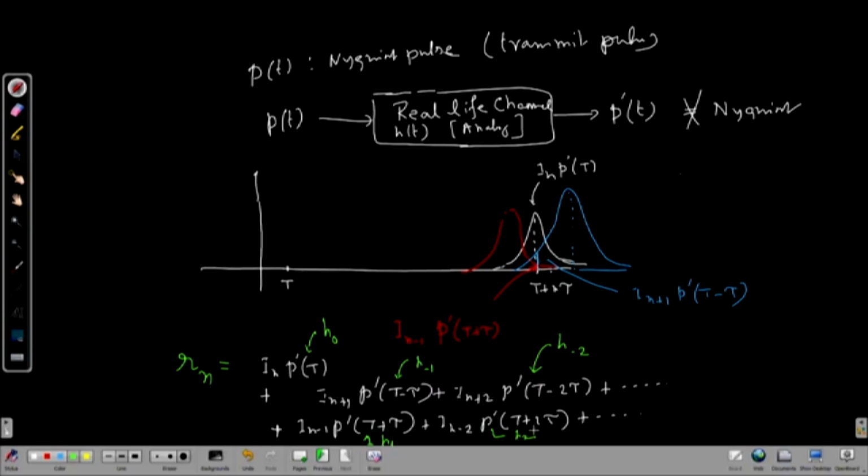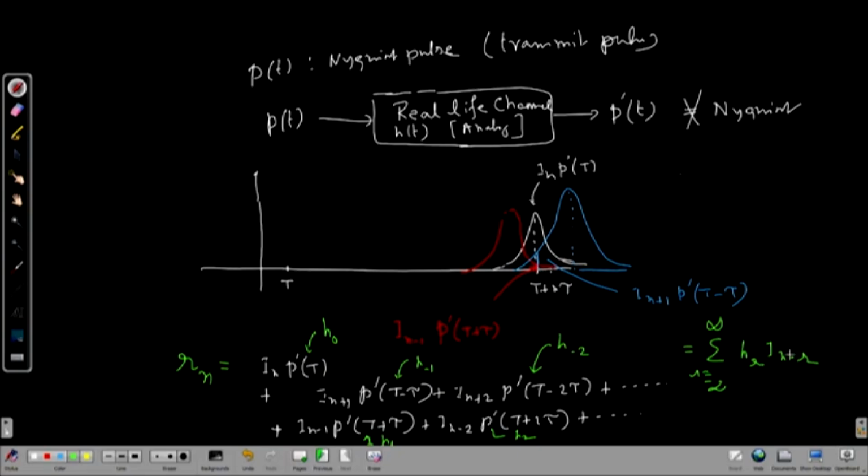In this case, the whole summation turns out to be this. So Rn will be the sum of H r I n minus r, for r from minus infinity to plus infinity. Very easily, if you start with r equal to 0, you get H0 In. If you take r equal to 1, you get H1 In minus 1. If r equal to 2, H2 In minus 2, and dot dot dot.